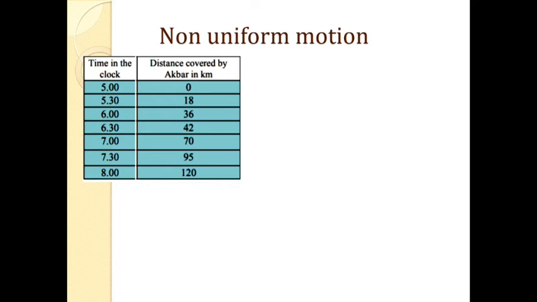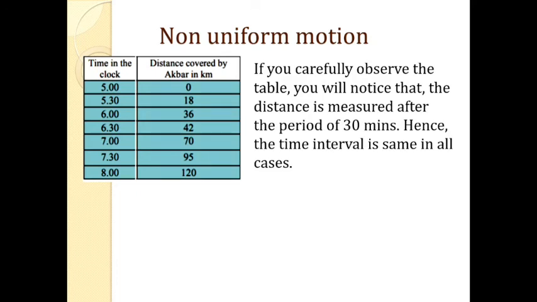We will clarify it with the help of one more example. See, the table in front of you shows the distance covered by Akbar. Here also, if you see the time intervals, each time interval is made up of 30 minutes, the same as the previous example. Now we'll move to the distance covered.